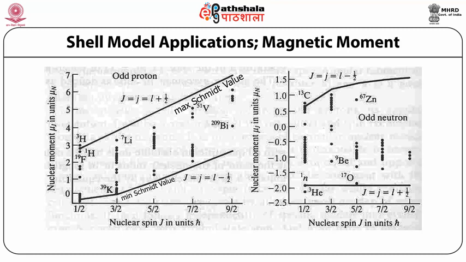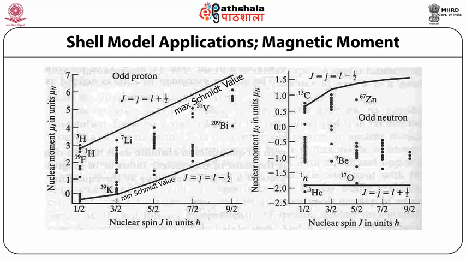The upper line indicates the case of j is equal to L plus half. The lower one indicates the case of j is equal to L minus half, and we find that these are the extreme values, whereas the observed values for most of the nuclei fall within these two lines.